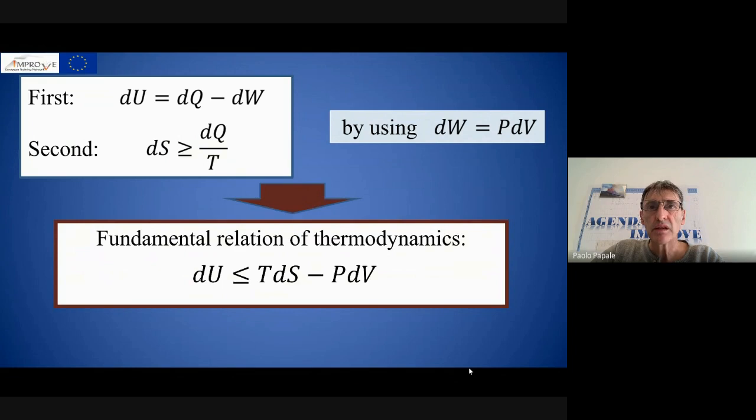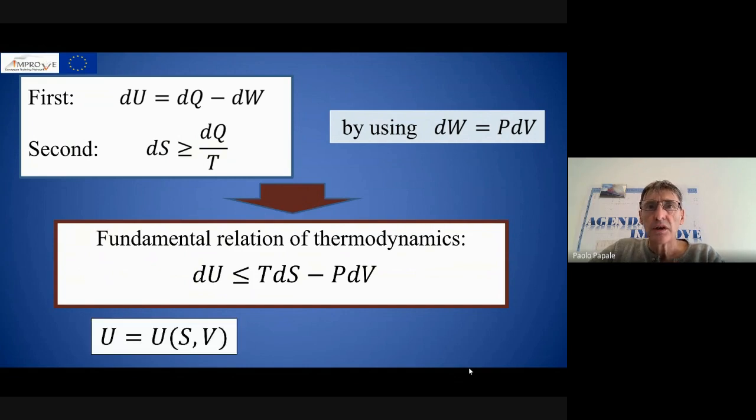It tells us that the change of internal energy for a system that exchanges thermal and mechanical energy with the surroundings can be expressed in terms of changes of its entropy and volume, again with the equality sign applying to reversible processes and the inequality to irreversible processes.